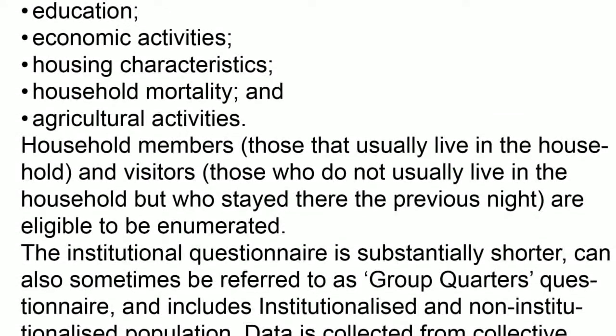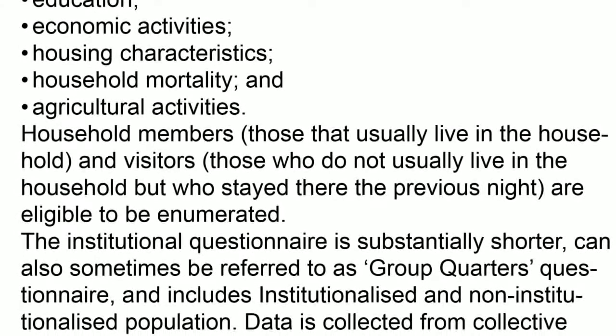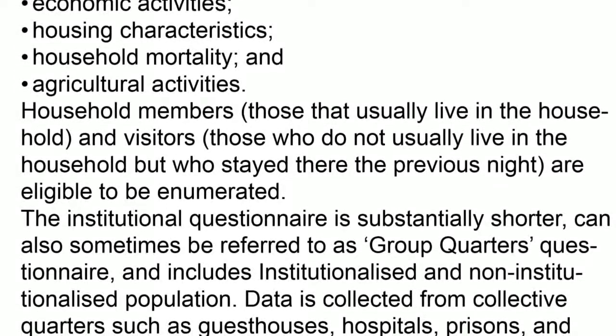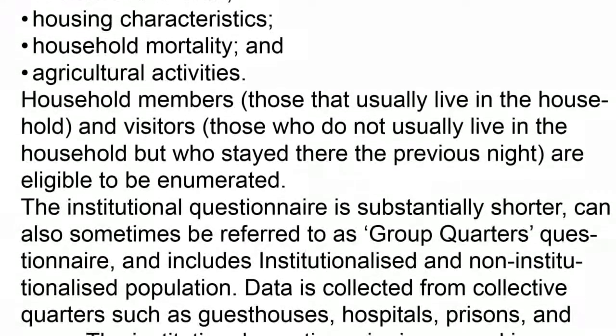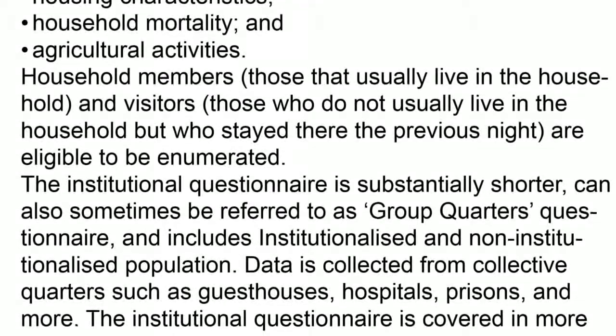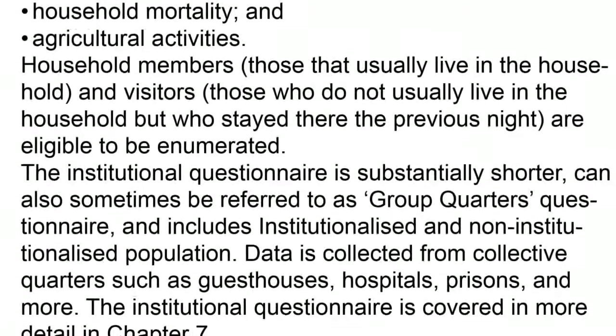Household members, those that usually live in the household, and visitors, those that do not usually live in the household but who stayed there the previous night, are eligible to be enumerated.